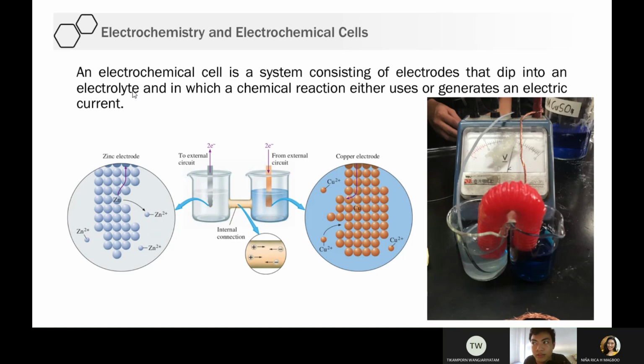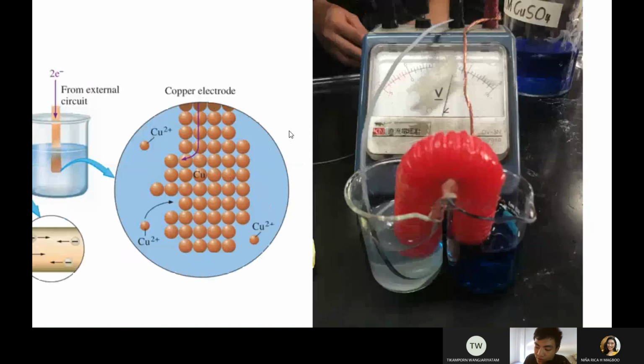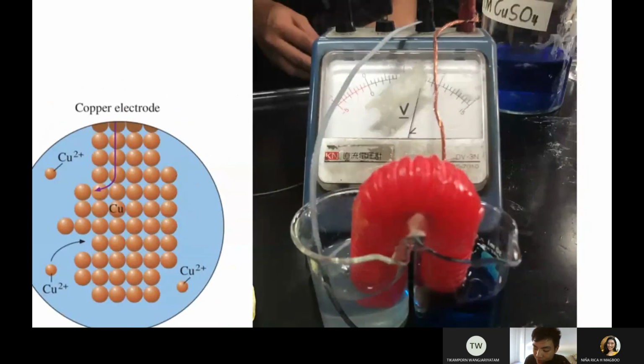Okay, so what is an electrochemical cell? It is a system which consists of electrodes dipped into the solution. Okay, and depending on the chemicals you place in the solution, they could either give off or take in electricity. Okay, so this is one example here.